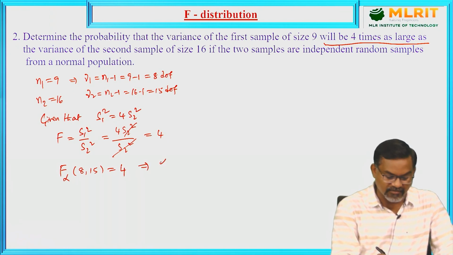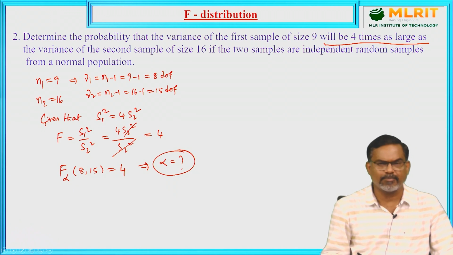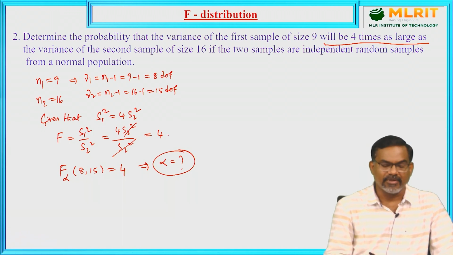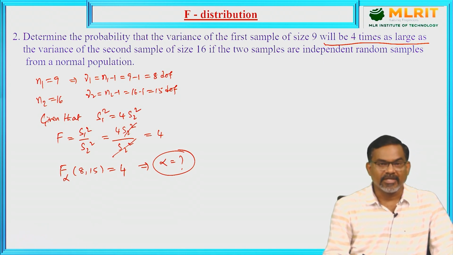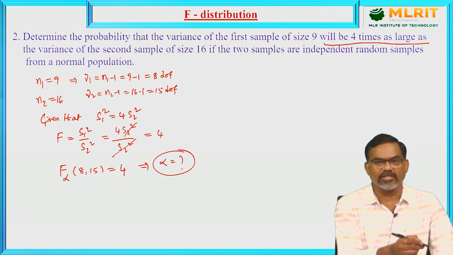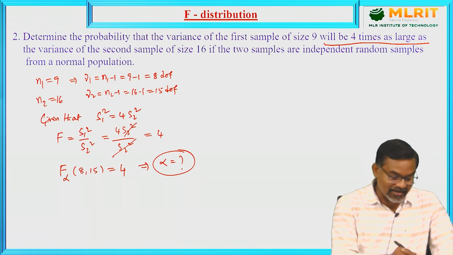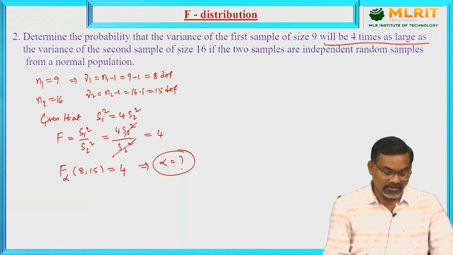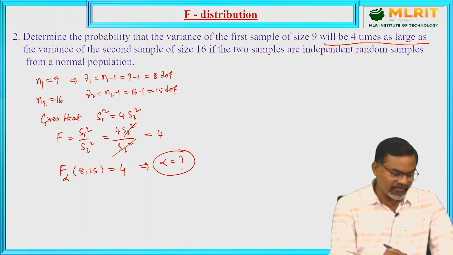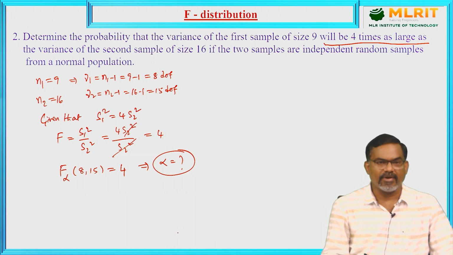Then what is the value of alpha? Here we need to find the area, because we have the value of F and the degrees of freedom, nu 1 equal to 8, nu 2 equal to 15. We need to check in which table, either 0.01 or 0.05, the F value is 4 for 8 comma 15 degrees of freedom.